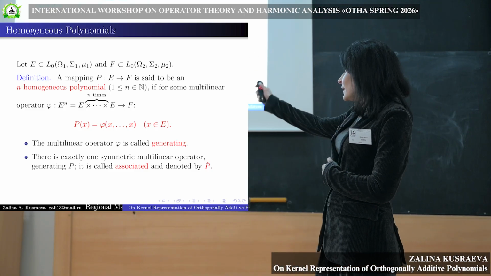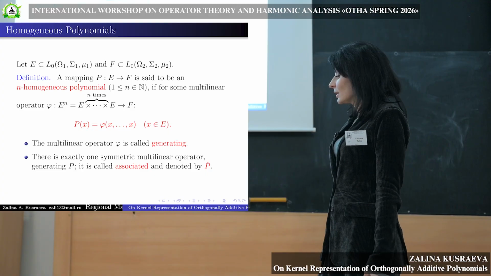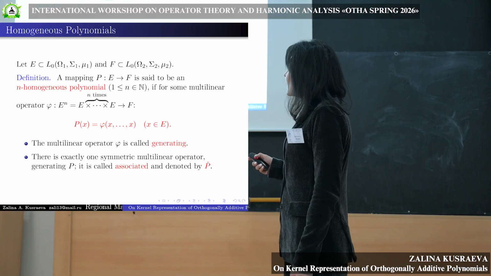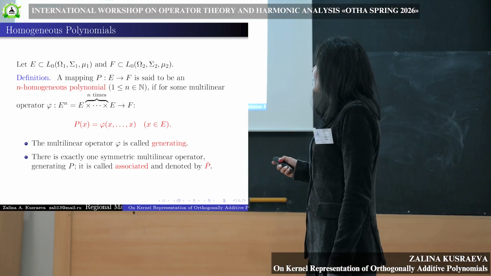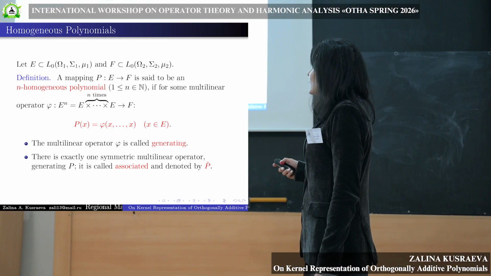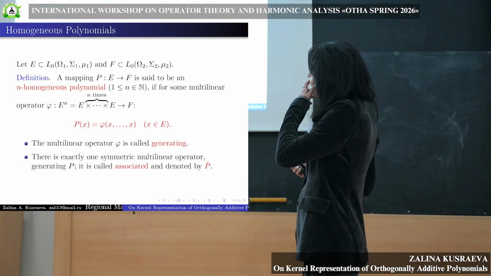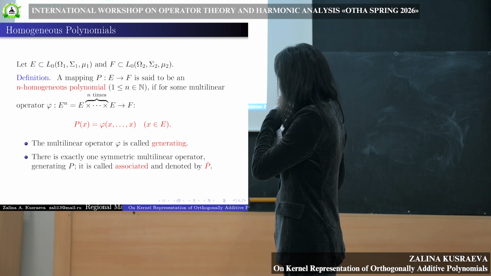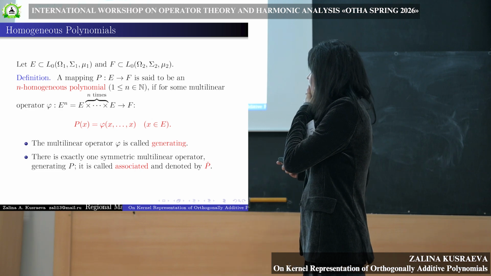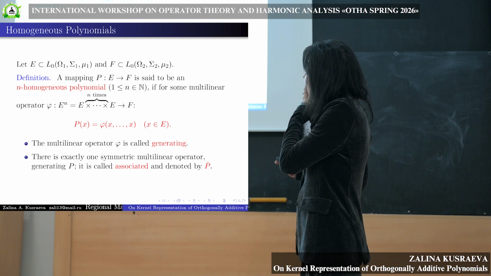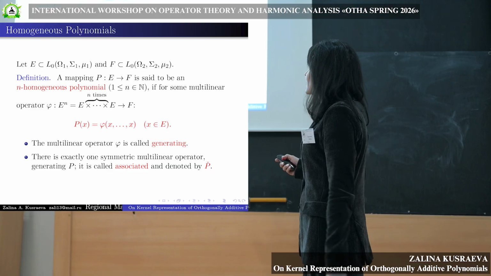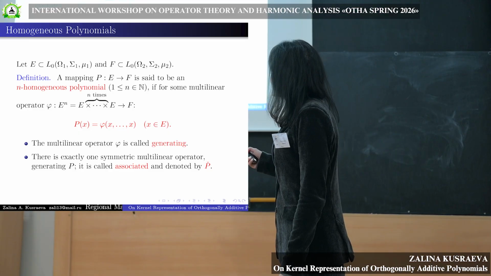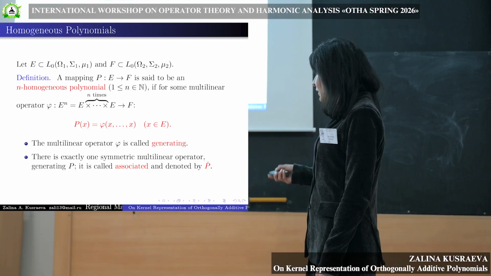Again, E and F are ideal function spaces, and by an n-homogeneous polynomial we call the following: there exists a multilinear operator phi, and when we restrict it to the diagonal, we get such a mapping, which is called a polynomial.